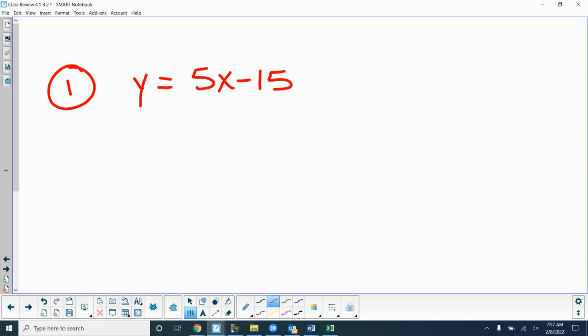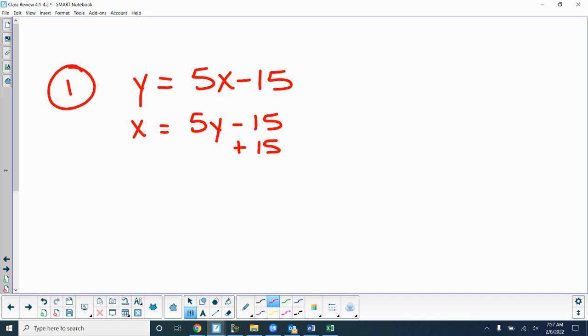So what do we do to find the inverse? Real easy. Switch the x and y, right? Just replace or switch them out or swap, whatever you want to say. So the y becomes x, and the x becomes a y. And then we just solve for y.